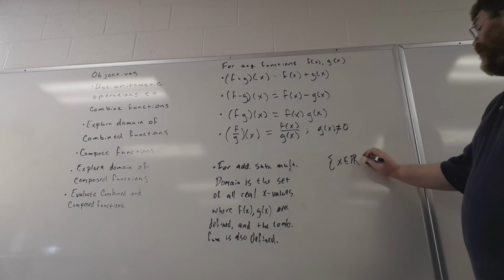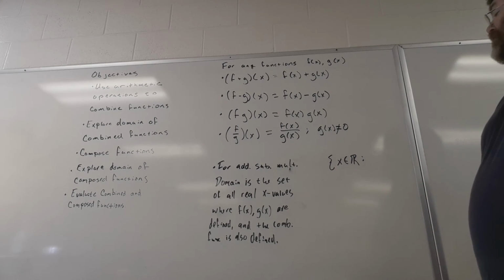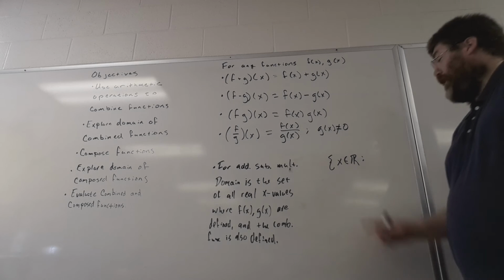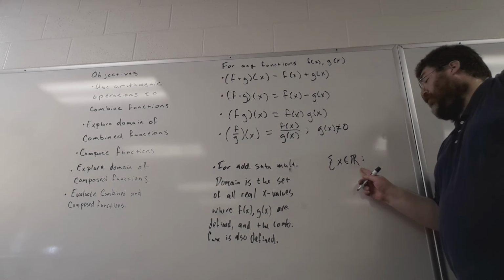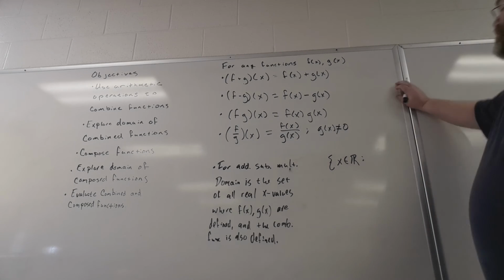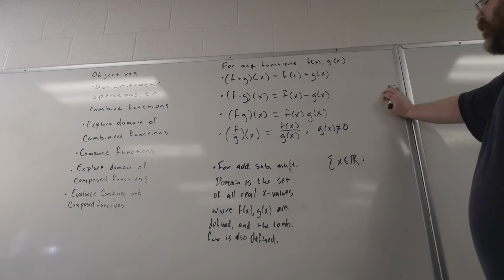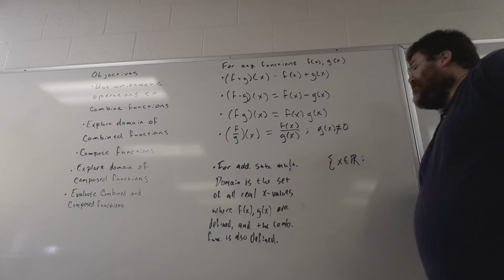And so here we have our set of x as an element of the reals where, I'm trying to think of a way that we can talk about this without getting all kinds of weird set notation. And I'm honestly not thinking of one.